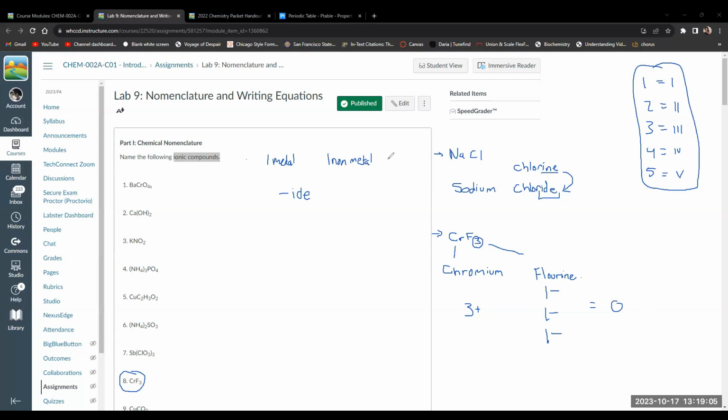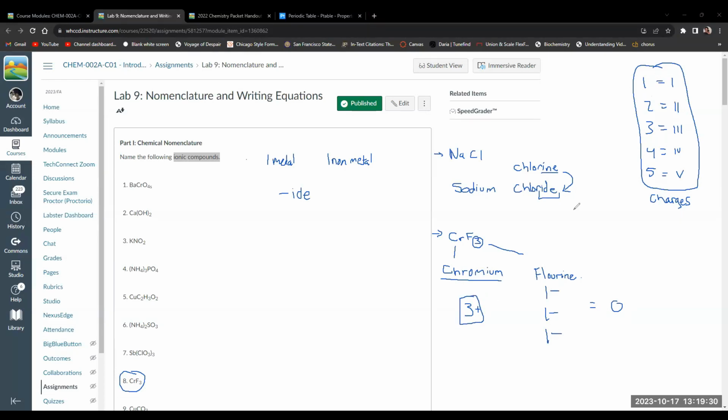Now, one thing a lot of students get confused on is Roman numerals represent charges. A lot of students want to use Roman numerals as a quantity, and that's not correct. So we have chromium here and a charge of 3.